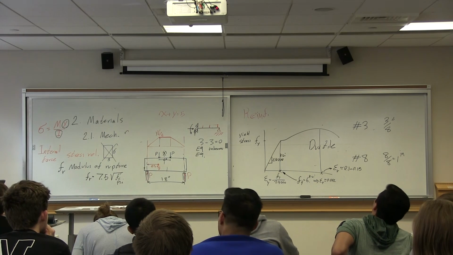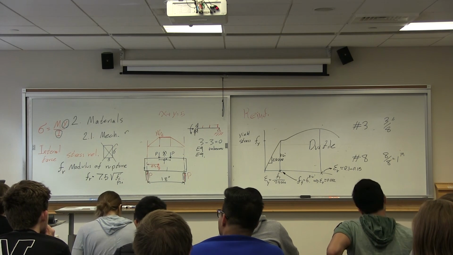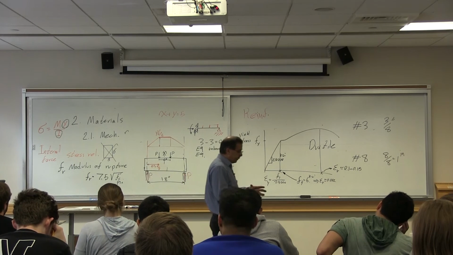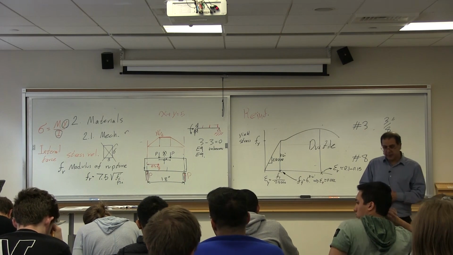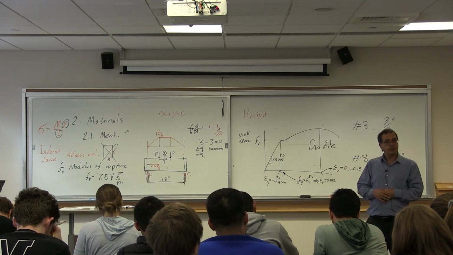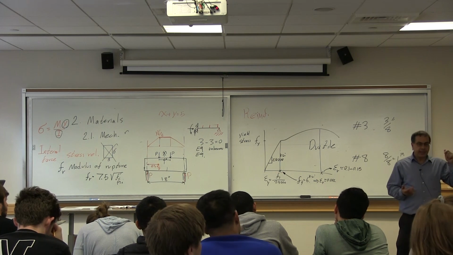So here what we have is again rebar is ductile, concrete is brittle. The science of reinforced concrete is to combine them to have a ductile element. Why is ductile better than brittle? Because you can foresee the failure before it happens. Exactly.